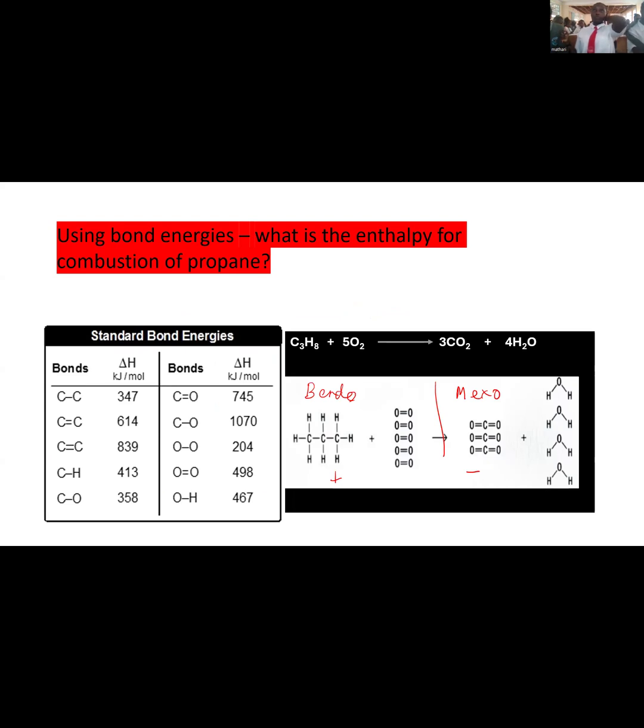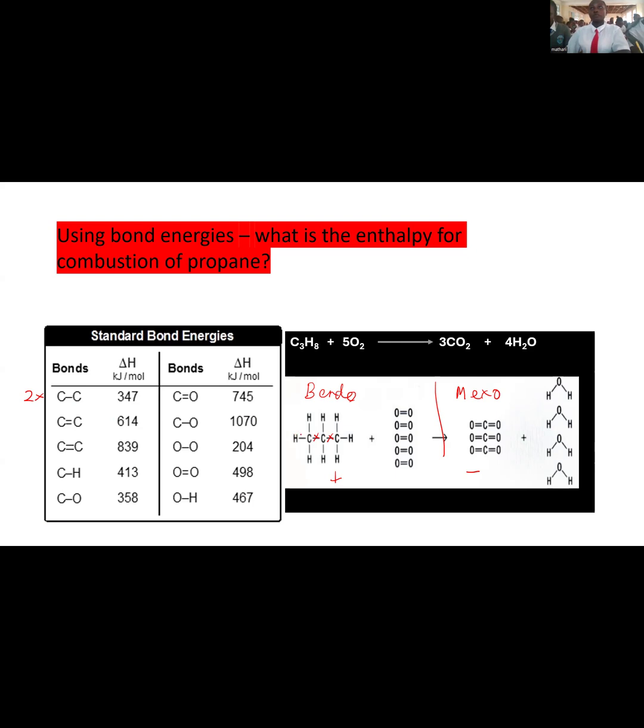Okay, here we are. So this is what you're trying to do now. Just like the one before, I'm going to break 1, 2. So I'm going to need 2 of those.